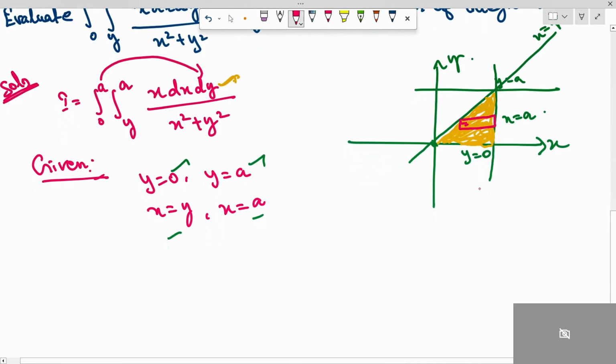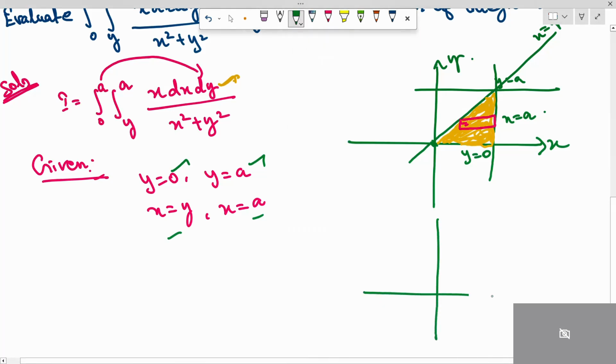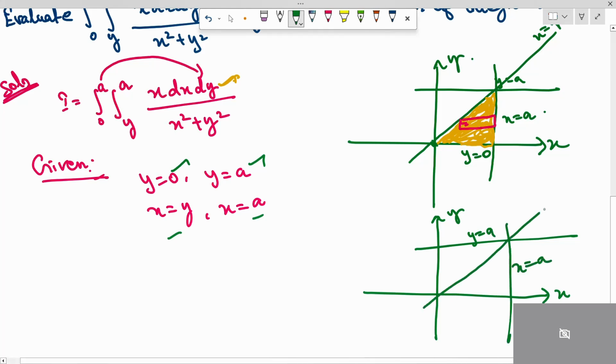Now we are going to rotate the strip perpendicular to the y axis, and then in the usual way we can find the limits. Okay, one second, I am going to draw the diagram. The y is equal to a line, the x is equal to a line, the straight line x is equal to y passing through the origin, and then we have to shade the bounded region.